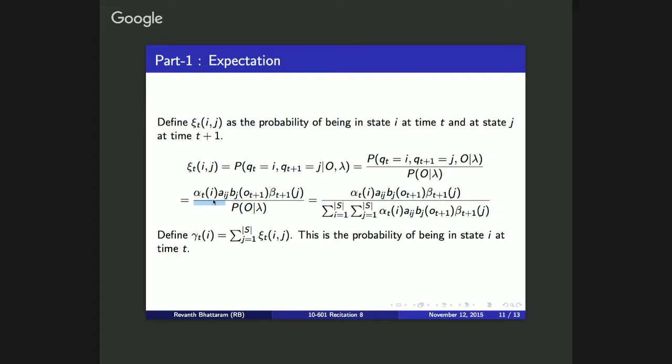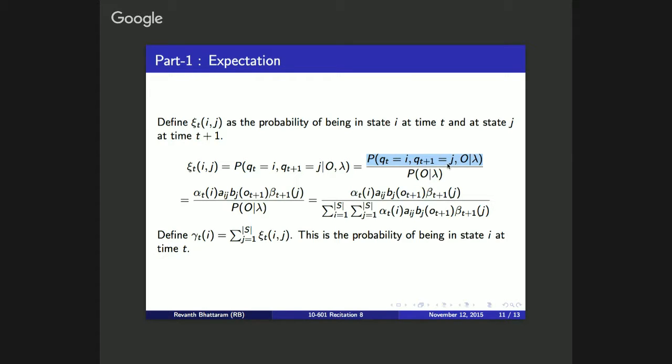Okay, so we're still interested in the probability of the observation given lambda. We could write this as a function of the previous one over here. This is the probability that we see this observation. If we sum up over all i and j, that's kind of like variable elimination: if you sum up over all i, we don't have to worry about qt anymore.